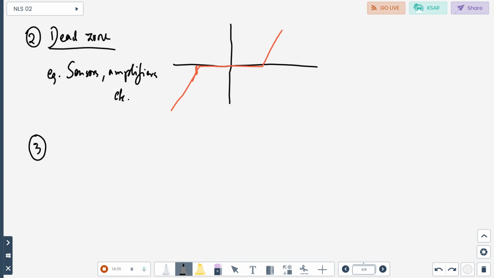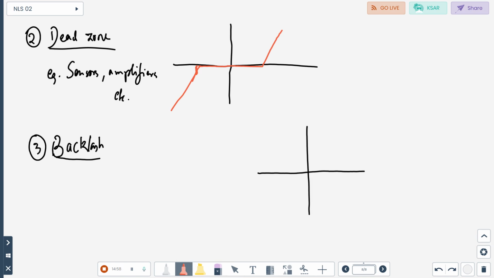The third type of nonlinearity that we see is the backlash nonlinearity. The output response of this is like this.